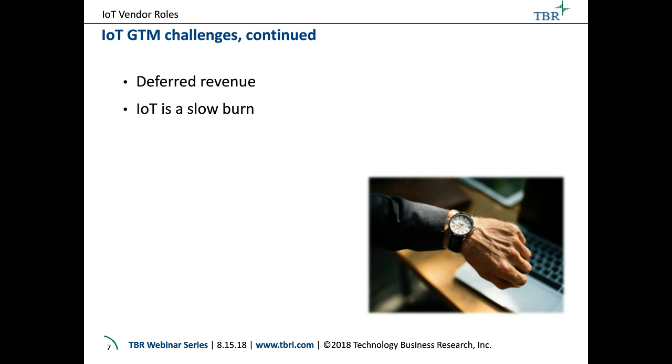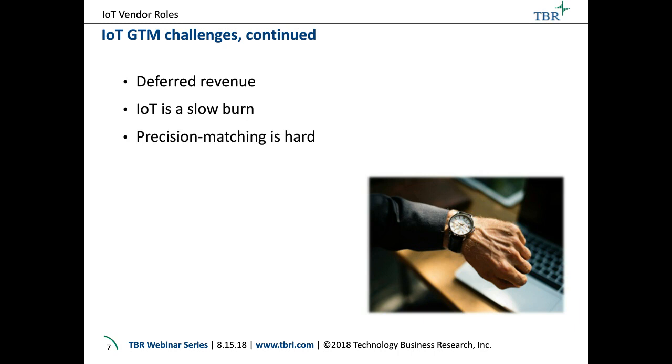We see the market for IT into IoT growing at about 23% this year, and likely to grow another percentage faster in each coming year. So it's an accelerating curve. The eventual rate of spend on IoT-related services is already pretty big and will become very big. So it's not a market you can neglect. But getting there takes time, and that means you want to minimize your current GTM costs.